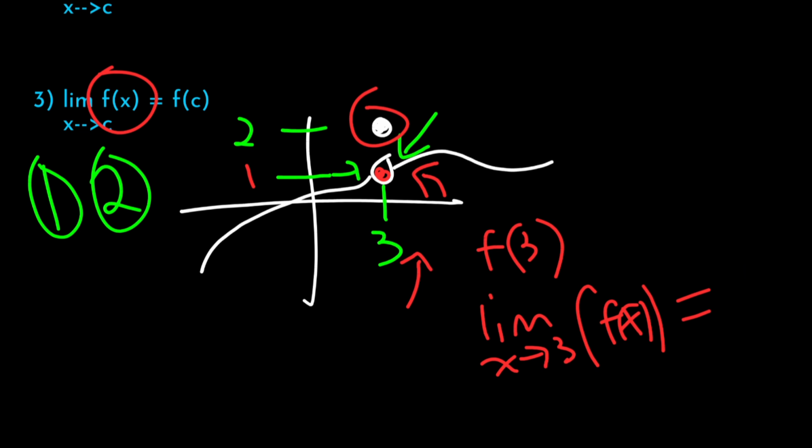It's not going to equal f of 3. It's going to equal 2, and it should equal 1, because f of 3 should be 1, but it's not. It's up here too, and it's not continuous.